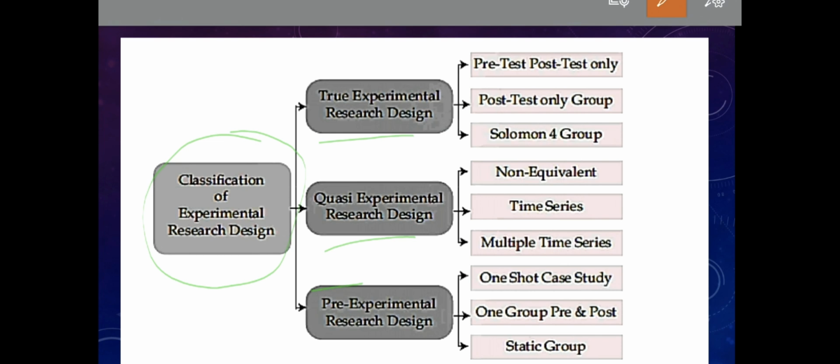True experimental design covers three types: pre-test and post-test, post-test only group, and Solomon four group. Quasi-experimental covers these three: non-equivalent, time series, and multiple time series. Pre-experimental covers these three: one-shot case study, one group pre and post, and static groups.